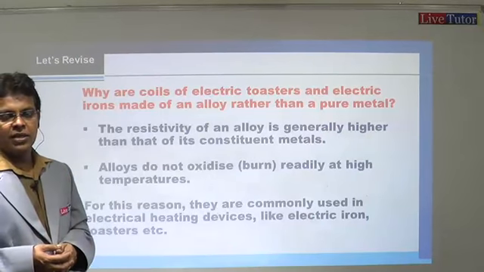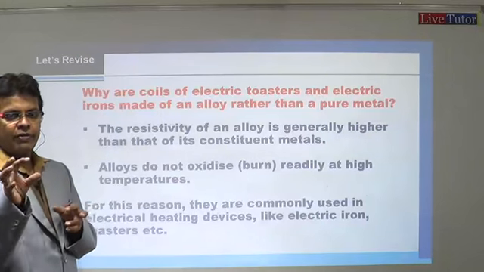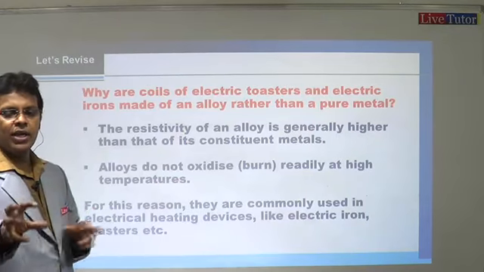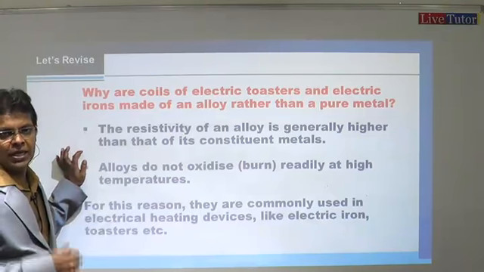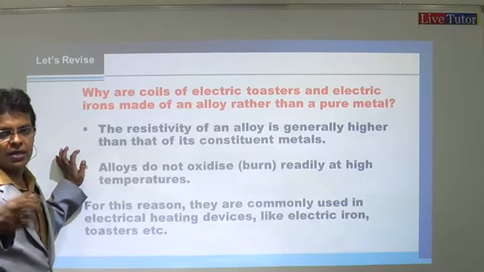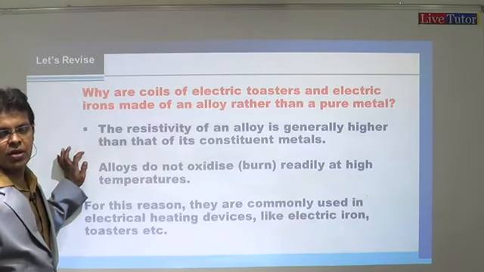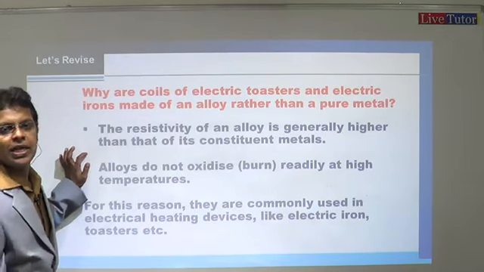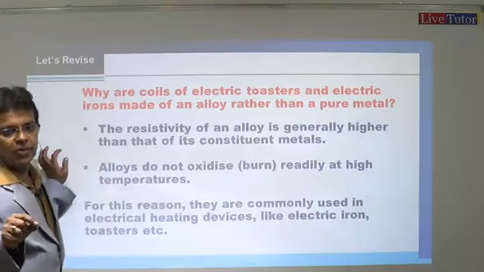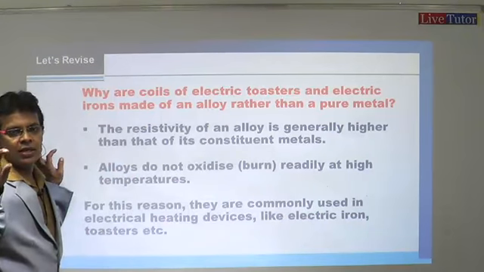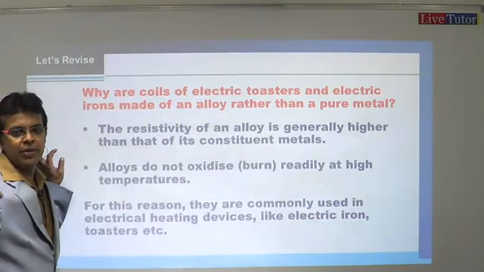So if it has more resistance, only then can it generate more heat according to Joule's law of heating. When current flows through a conductor, it will generate heat. The energy of the electrons is converted into heat energy. That is why we choose an alloy instead of metals. So in alloys, the resistivity is more than in the individual metals.